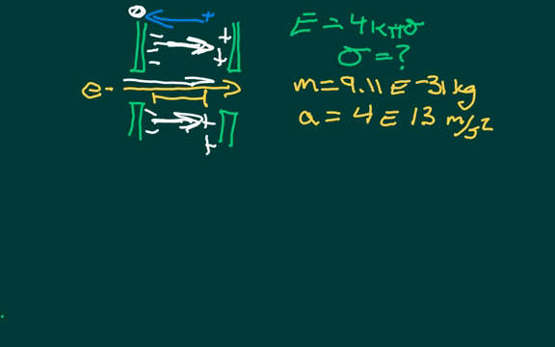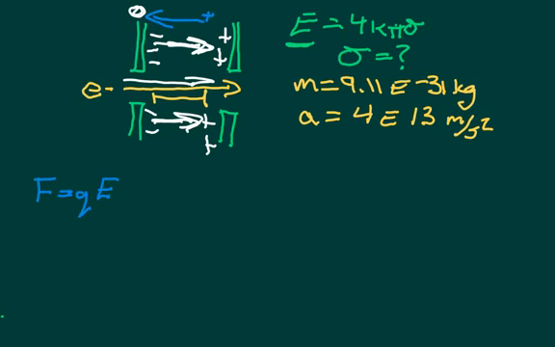Other things we need, go ahead and pull out some attention-grabbing colors here. We need that equation for electric force. So force equals Q times E. We already have E. E is our green equation up above right here.